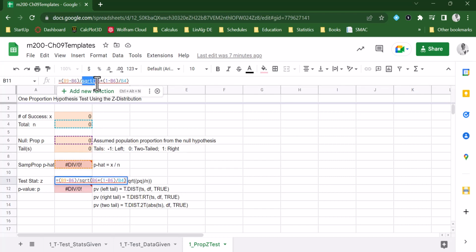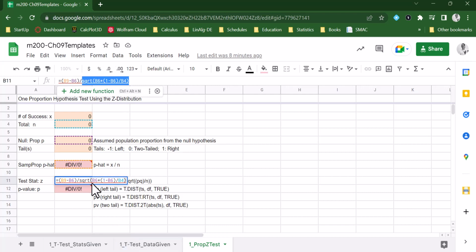And then we're going to divide by the square root of pq. Now, p is given here, but q is actually going to be 1 minus p. So we didn't explicitly compute q, but we can do that off to the side if we need to. And then divided by n, so this is all under the square root.